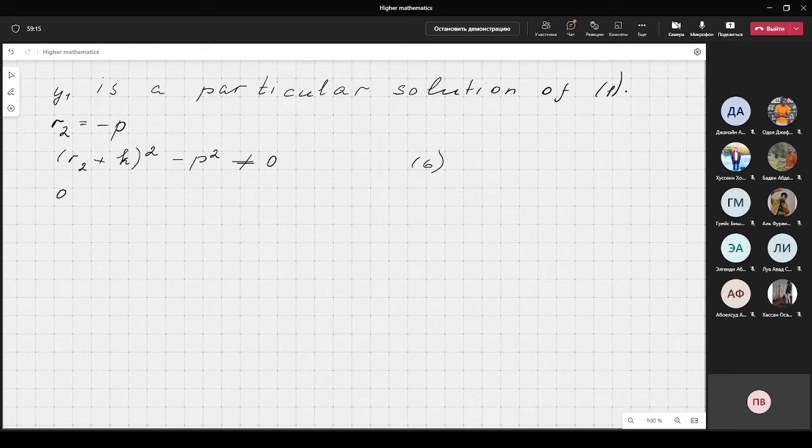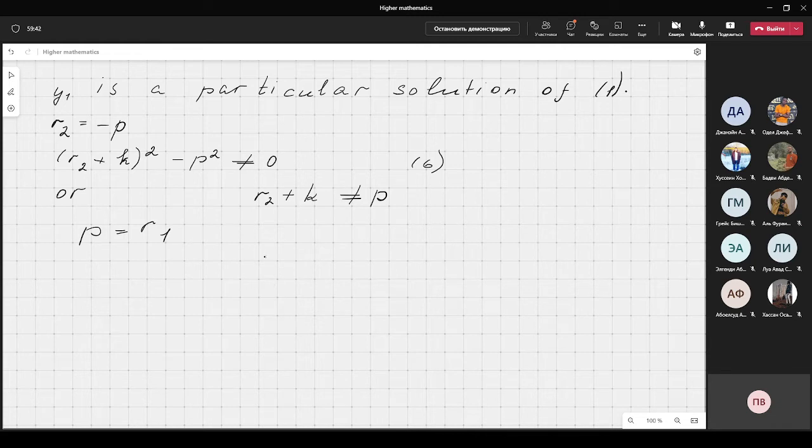Or r second plus k is not equal to p. But p is r first.